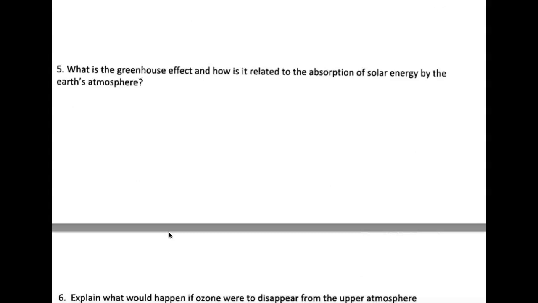Number 5, what is the greenhouse effect, and how is it related to the absorption of solar energy by the Earth's atmosphere? The greenhouse effect is the phenomenon where incoming solar radiation gets trapped in any region. For instance, your car on a hot summer day: sunlight comes in, the windows are rolled up, the sunlight cannot escape, and it gets converted into heat.